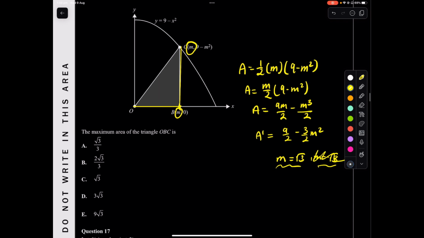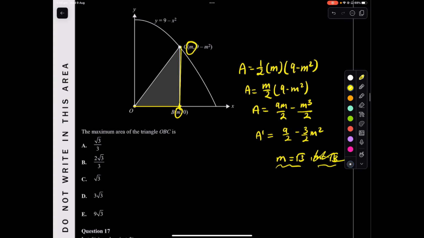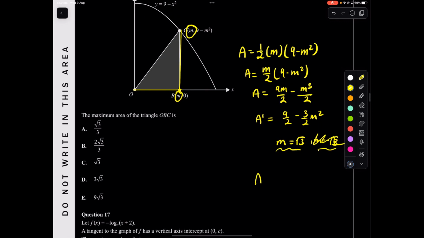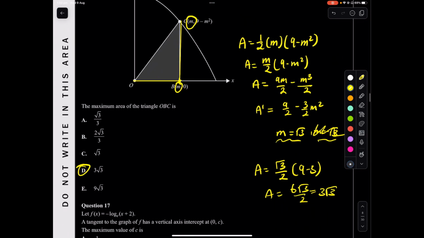So now we know this over here. Let's just shove it back into the area equation. So A equals root 3 over 2 times 9 minus 3. Okay, 6 root 3 over 2, 3 root 3. This is the answer. Okay, that's not bad.